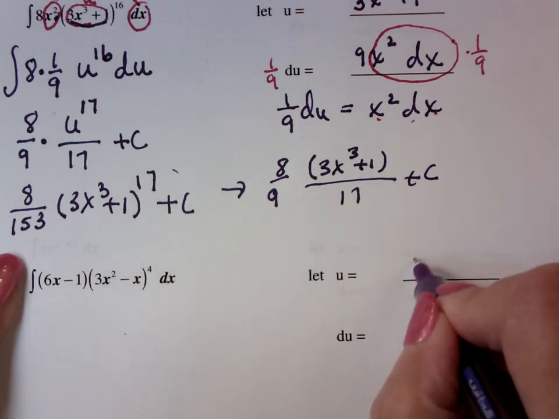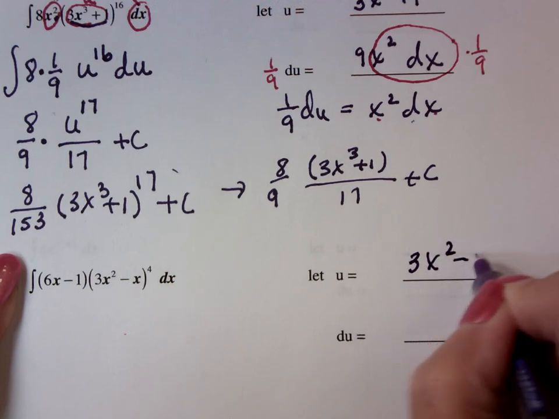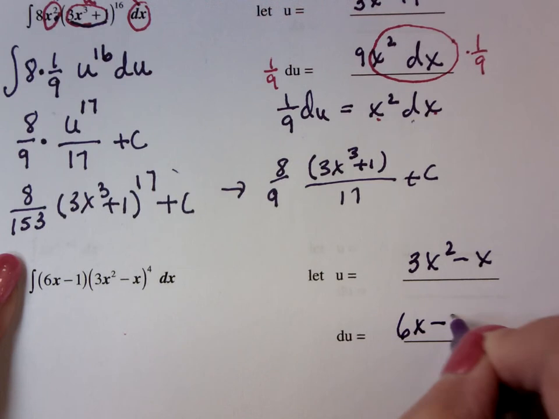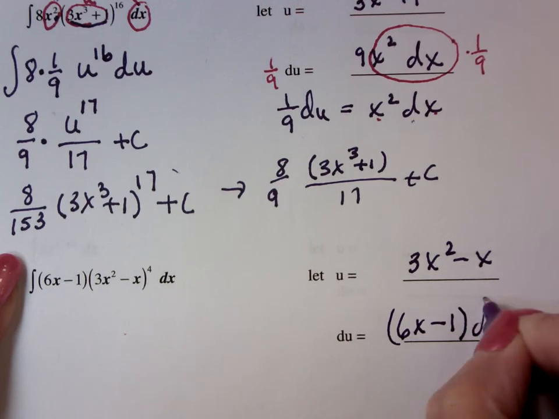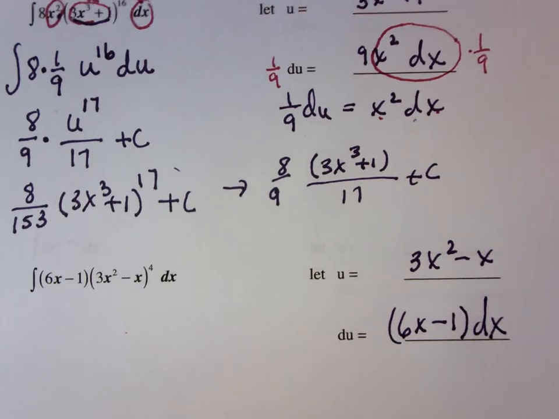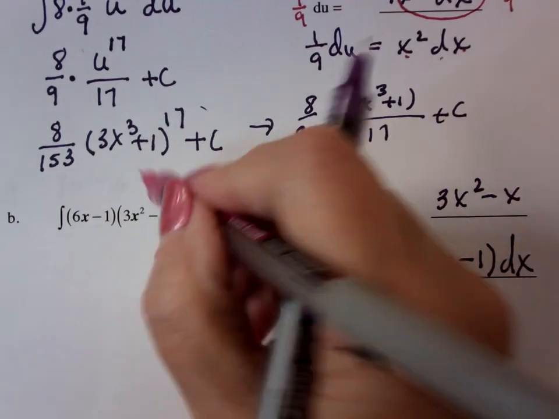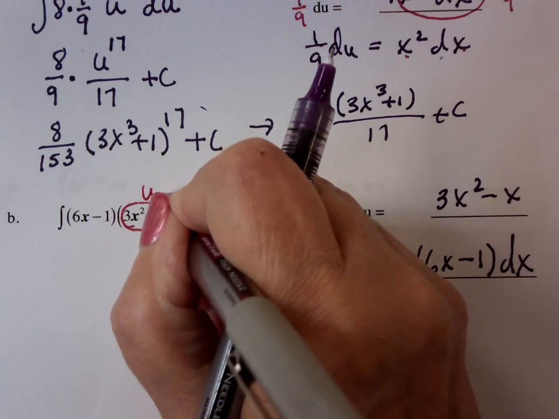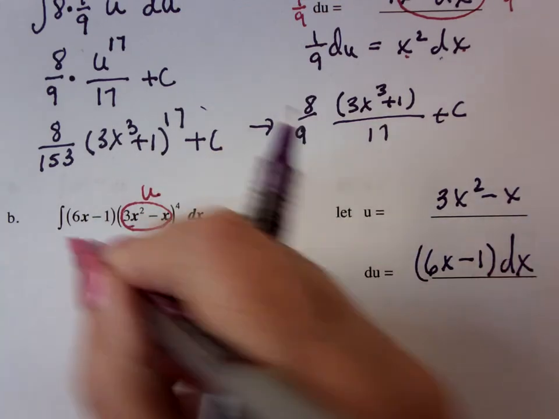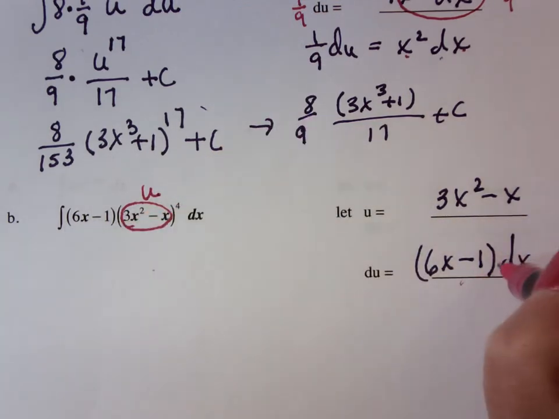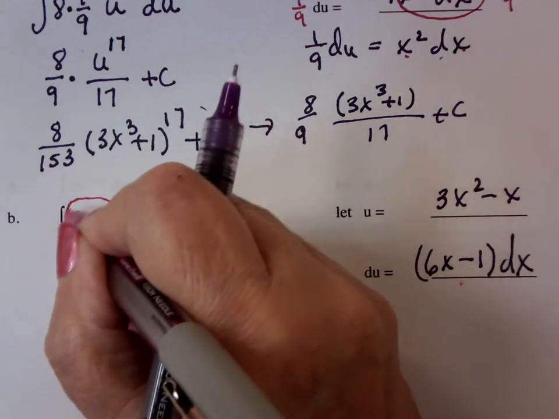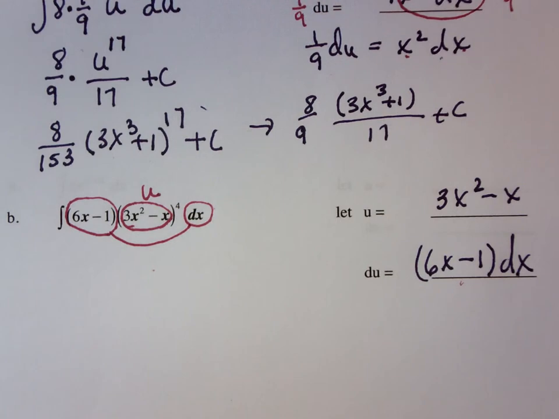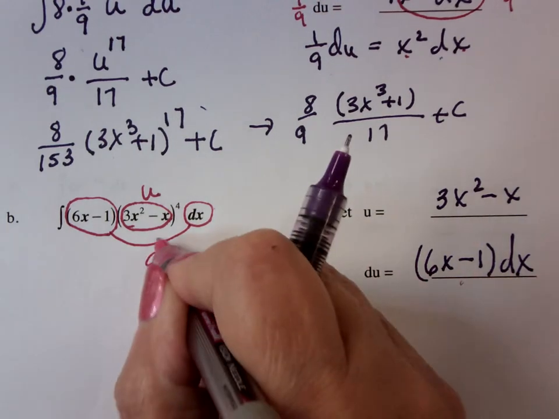So u is going to be 3x squared minus x, so the du is (6x minus 1) dx. So here's my blob, this is u, and I need a 6x minus 1 and a dx. So this whole thing just gets replaced by du.